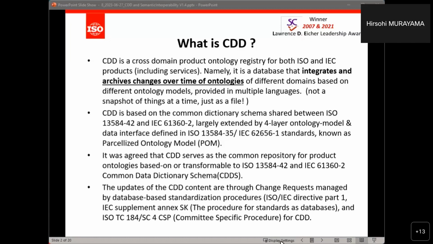The changes to the registry are done by change requests, not by standards. So this is also different from others. We are using, in the case of IEC, the supplementary directive, IEC supplementary directive Annex SK, and in the case of ISO, CSP, committee specific procedure for the CDD. So through the change request, we are changing the content of the CDD in the registry.